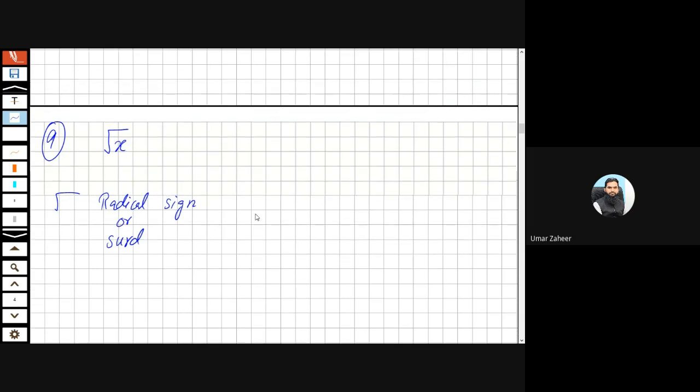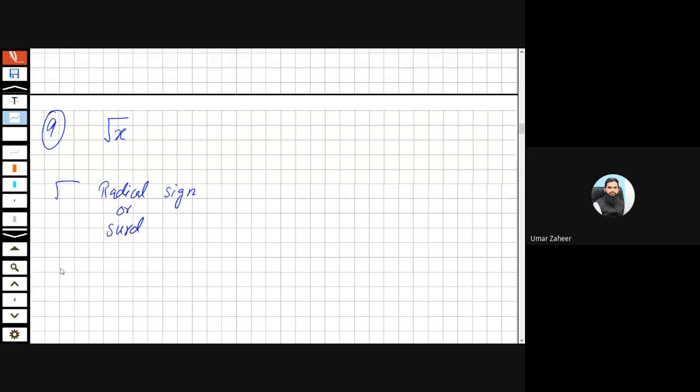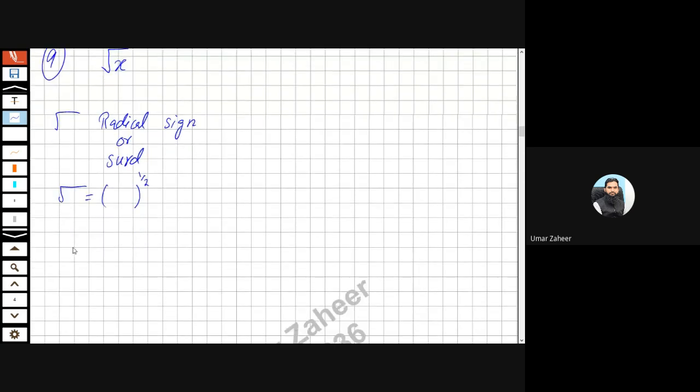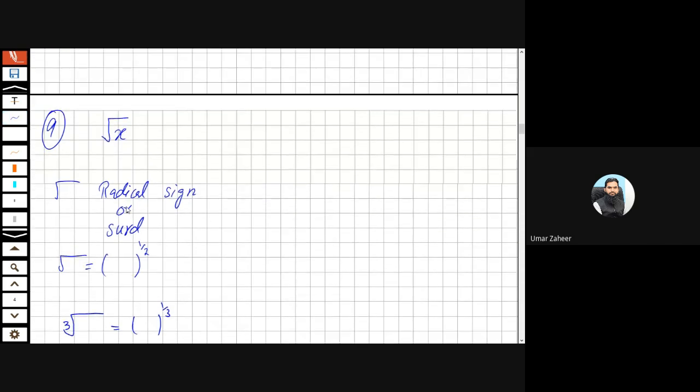The value of this one, if you write it in index form, is 1 by 2. And if you have any other power on it, for example 3 here, it will be 1 by 3. If you have 4 here, it will be 1 by 4.